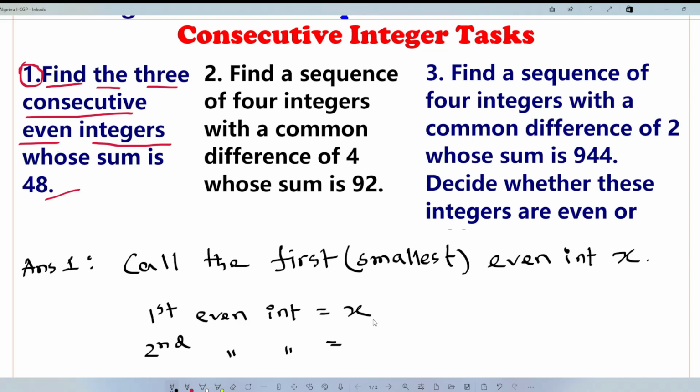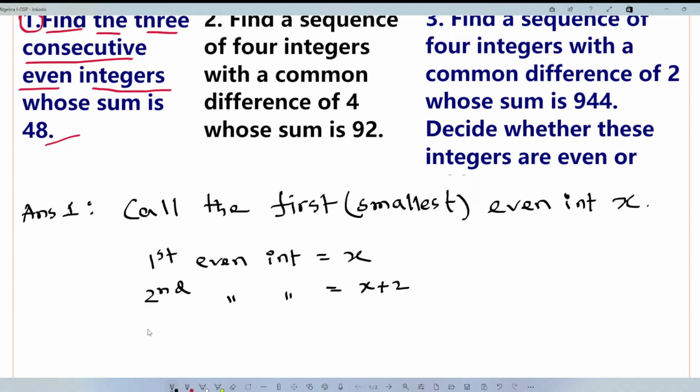So x is an even number. Once we add plus 2, it will also become the consecutive second even number. Third even integer is x plus 2, again plus 2, it means x plus 4, right?